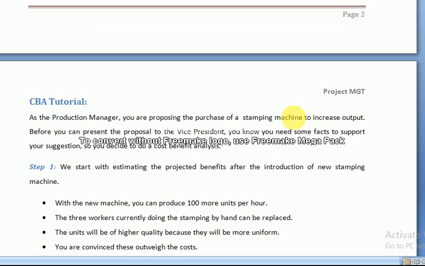When some costs are missed, our benefits level appears higher, and at the end benefits will be much higher than the cost. So we accept such projects.